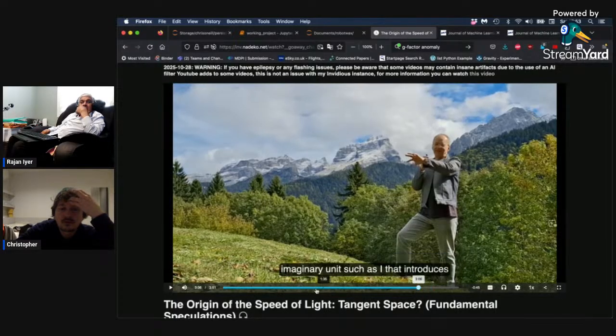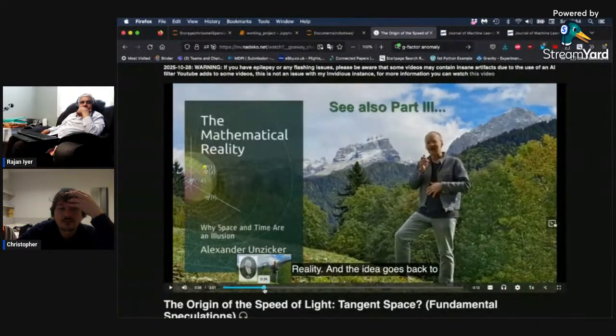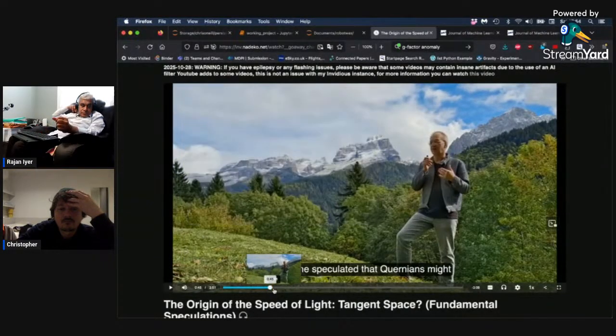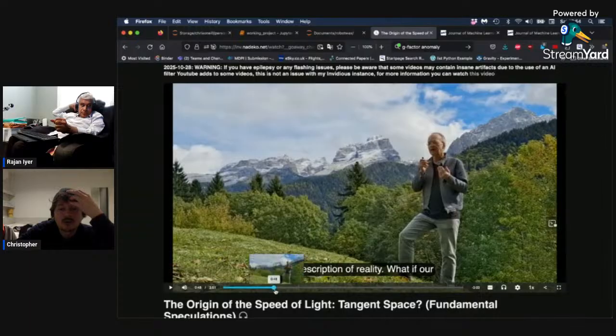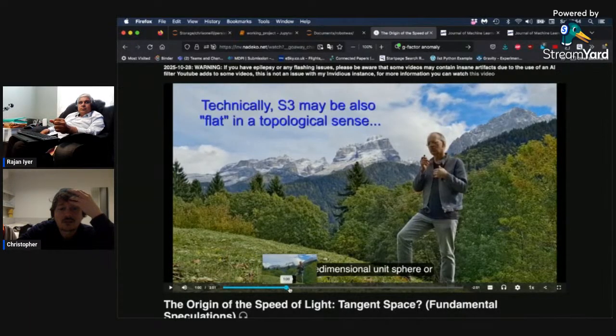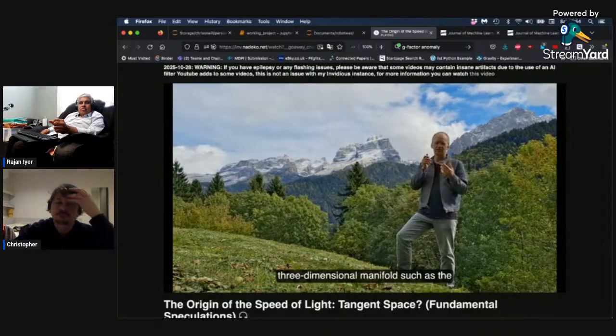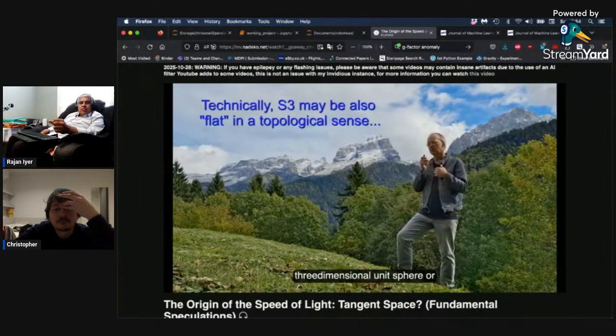But even if he does mean that, there are other larger things that could be a problem. If we look at the diagram, technically, maybe because we've skipped through his video: if we live in a curved three-dimensional manifold, such as the three-dimensional unit sphere, or quaternion sphere.